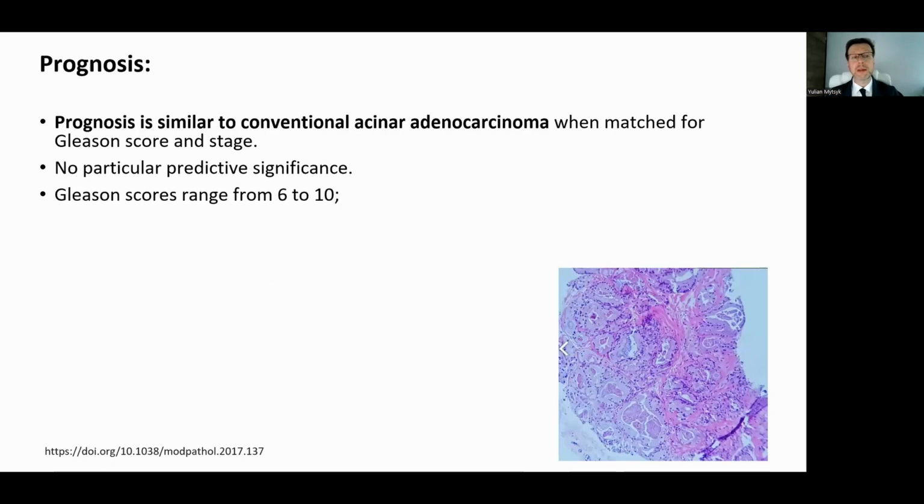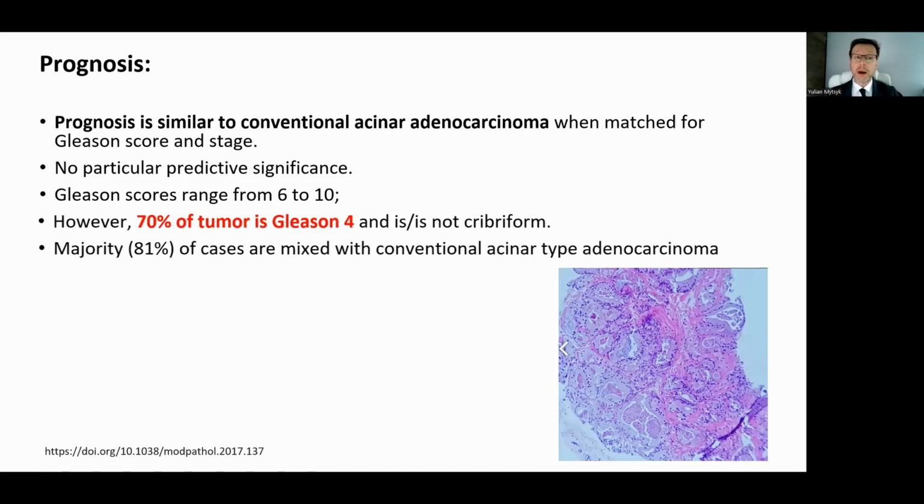The prognosis of this foamy subtype of acinar adenocarcinoma is similar to conventional acinar adenocarcinoma when matched for Gleason score and stage, with no particular predictive significance, and the Gleason score ranges from 6 to 10. However, in a majority of these tumors the Gleason 4 pattern is observed, and a cribriform growth pattern may also be observed.